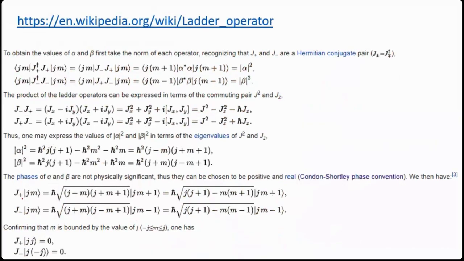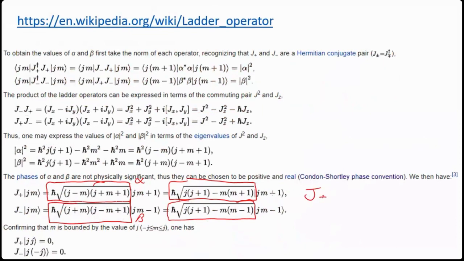And again, I'm just pasting from Wikipedia, but these coefficients end up being this. This is the alpha, and this is the beta for the lowering operator. I apologize if you haven't seen this before, but I just didn't really want to go through it. I'm just giving you the basic steps for how to get it. But you can basically derive what alpha and beta are for these raising and lowering operators.